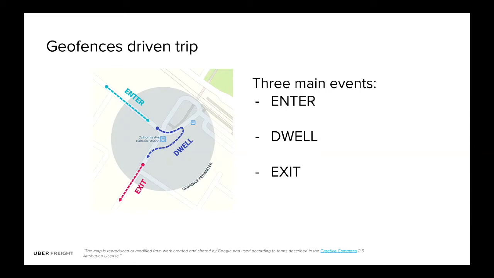The next event is dwell. This is when the driver is actually moving inside of this geofence without leaving it. Maybe the driver has to find a parking spot because all the cargo bays are busy and he can't just unload now. Then ultimately, at some point in the future, we know for sure that the driver will have to exit this geofence.